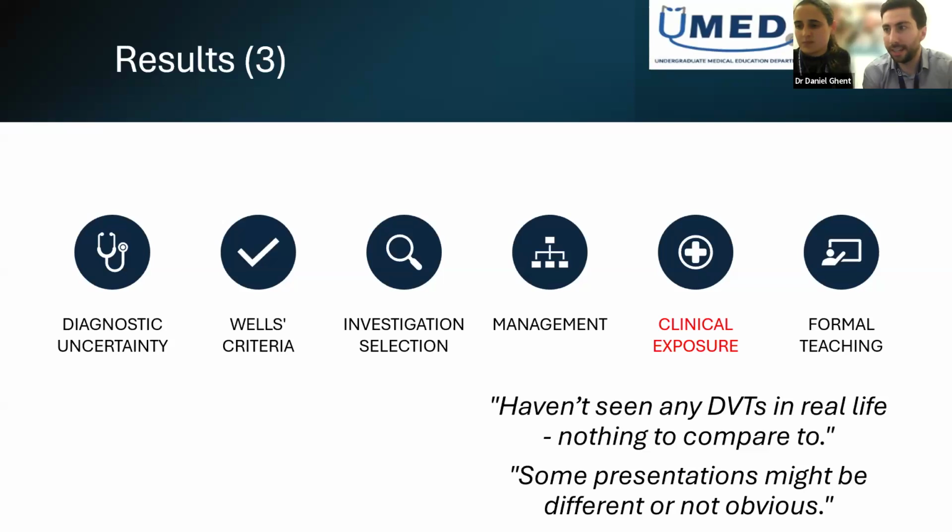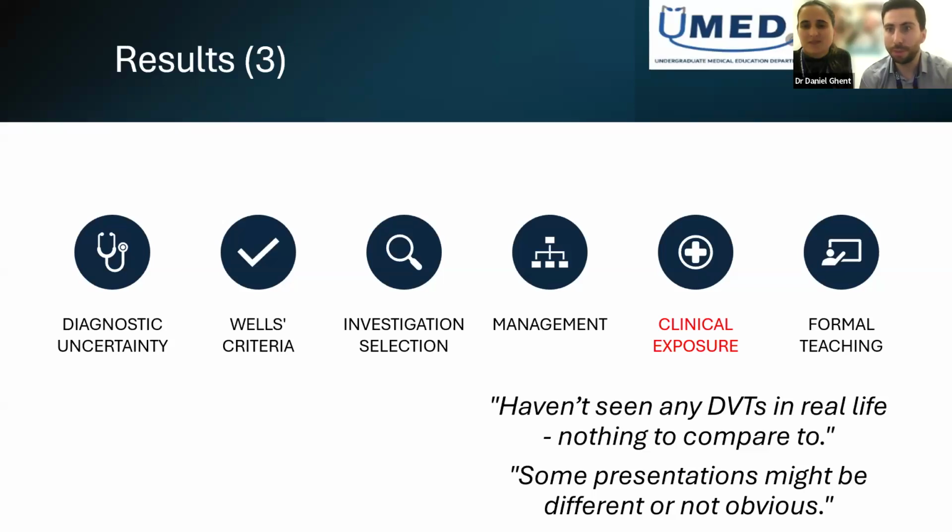And then the last two areas, I guess, is where we come in and try to improve this teaching. So clinical exposure. The first point there: haven't seen any DVTs in real life, nothing to compare to. So how are we expecting our students to successfully and confidently diagnose VTE if they've not seen a DVT on the ward? And some presentations might be different or not that obvious.